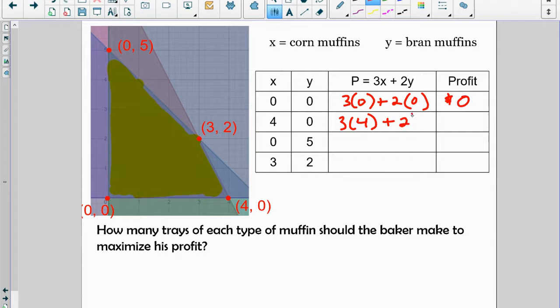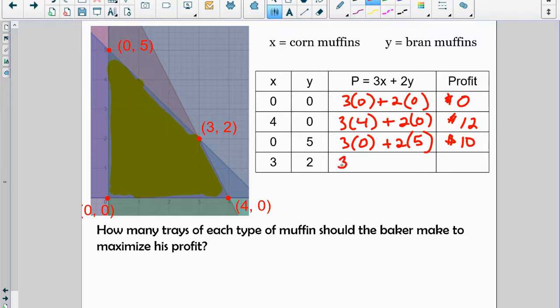If he makes 4 trays of corn muffins, that's $12 worth, and 0 trays of bran muffins, so $12 total profit. If he makes 0 corn muffin trays, but 5 bran muffin trays, 2 times 5 is a total profit of $10.